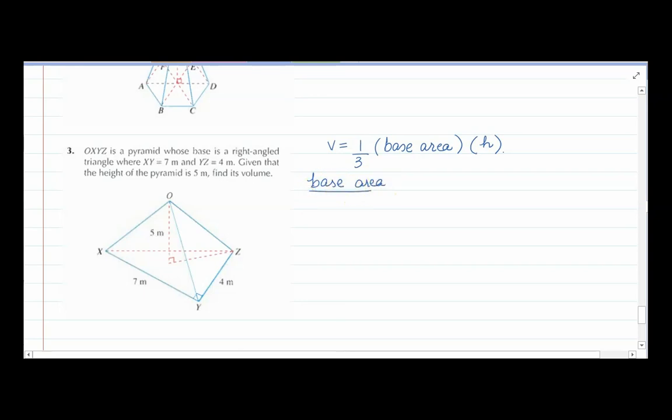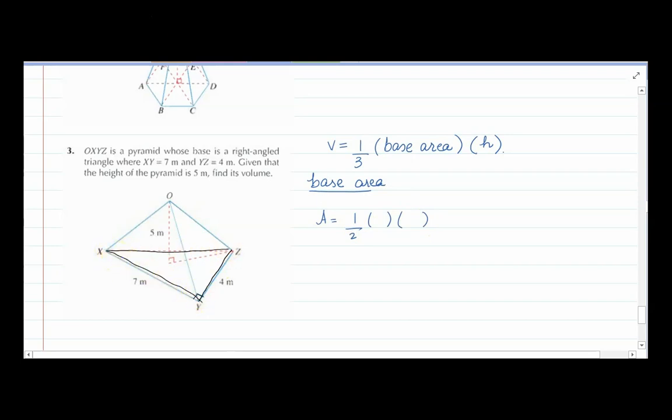Now base is what? Base, it is a triangle, right? And we all know that area of a triangle is 1 over 2 base multiplied by height. So for your easiness, I am just highlighting my triangle. So my triangle is X, Y and Z, that is the base area, right?